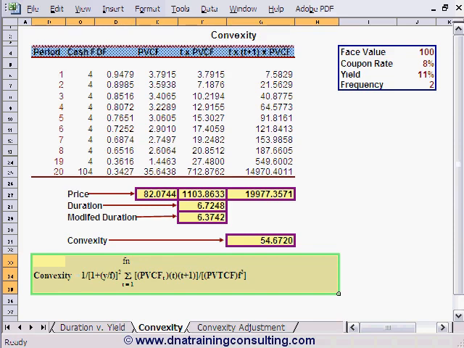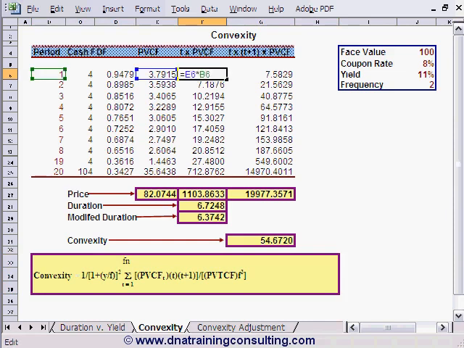The key differences are the following. First, in addition to multiplying the PV of each cash flow by what we previously called its age, i.e. by T in the formula, we also multiply each of these terms further by T plus 1.